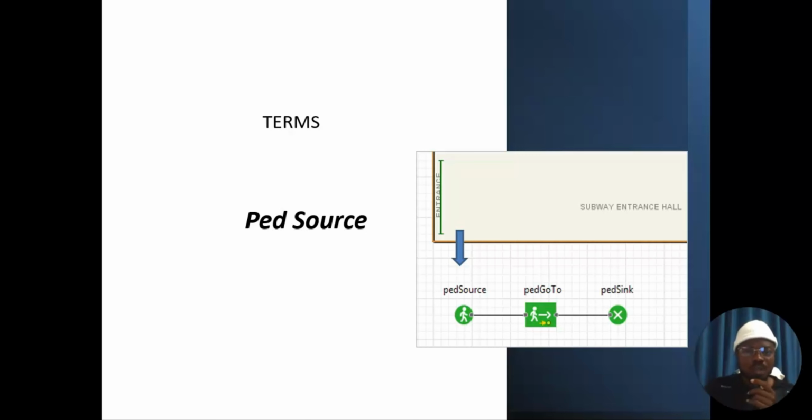But just to have an idea of what a ped source is, it represents the point or area in the simulation where pedestrians are generated and they enter into the modeled environment. From what we can see here, this is more like the model environment, but we are trying to create the ped source here.